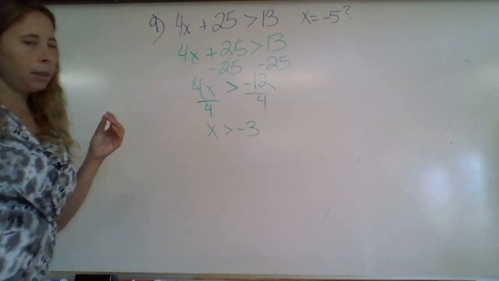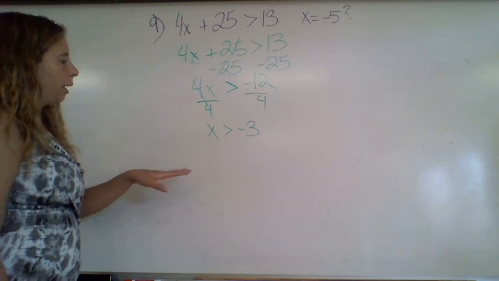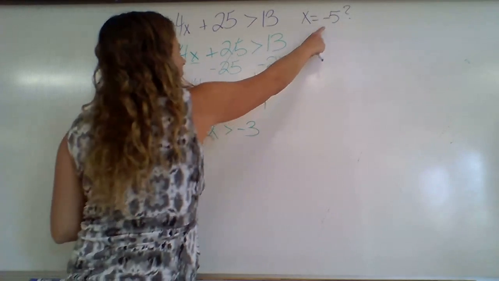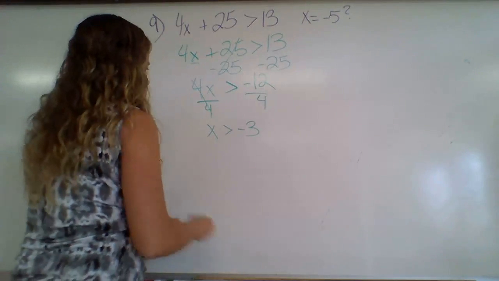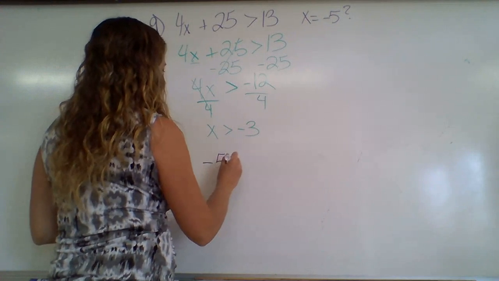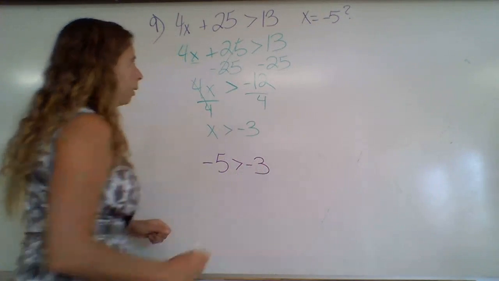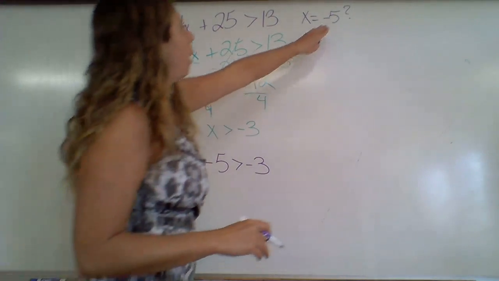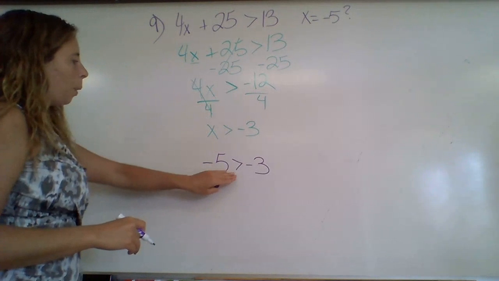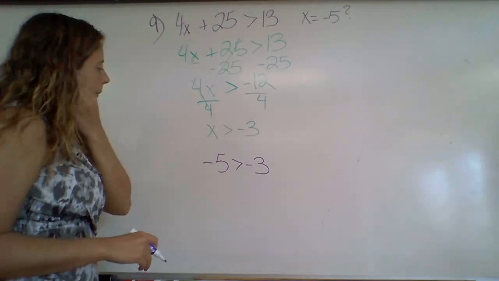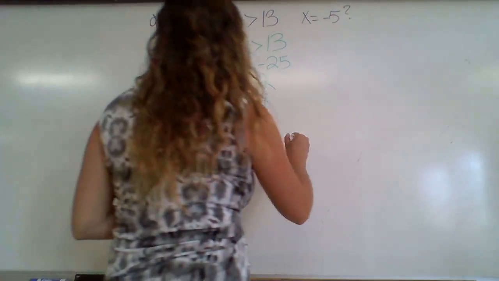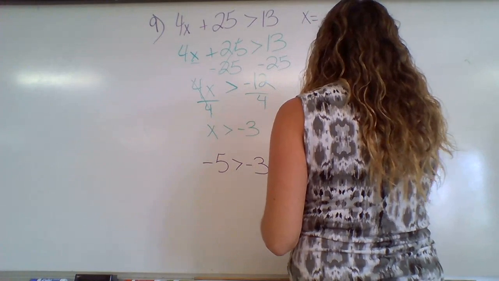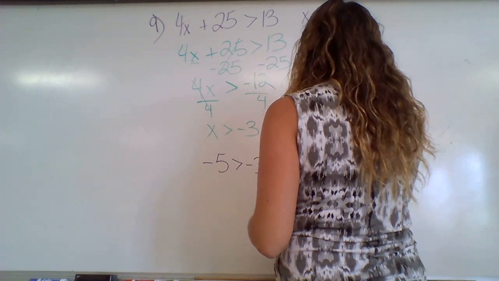So to figure out if my answer is yes or no, x is greater than -3. Now I'm going to substitute this in. Is -5 greater than -3? No. Right, if I have a number line, 0, -1, -2, -3, -4, -5.